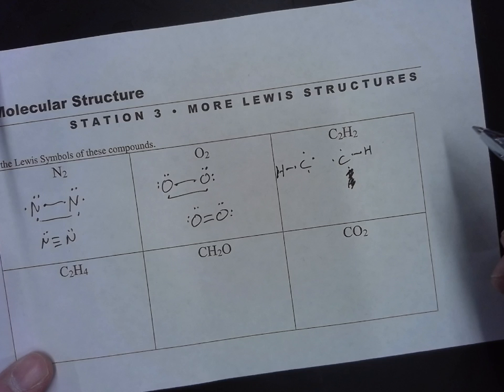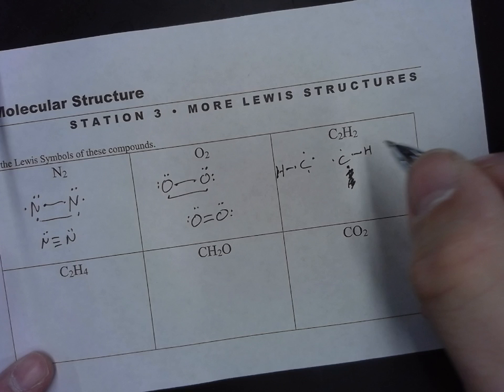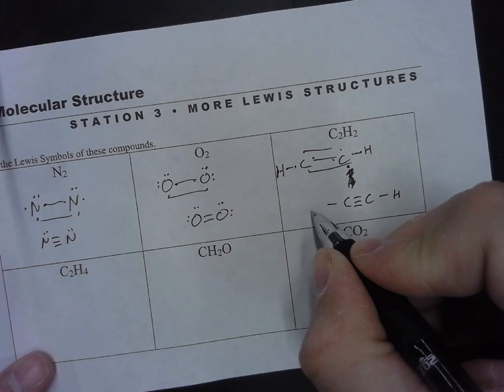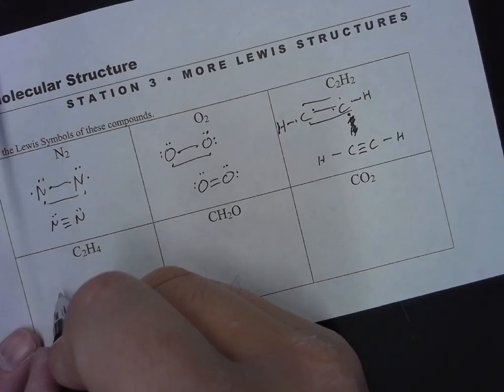Alright, so now that gives us 1, 2, 3 bonding sites for each carbon. That means it's got to go like that. Okay, I'll clean it up down here. There you go. C2H2.